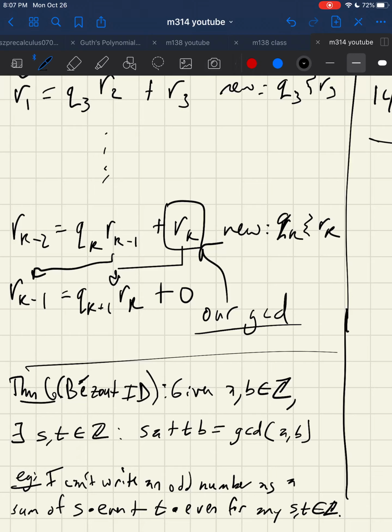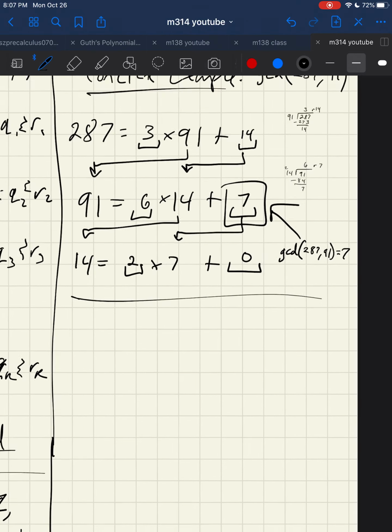So if I've got two numbers and I've computed their GCD, then there exists an integer linear combination, that is something that looks like this, sa plus tb. You're going to hear me call this an integer linear combination. There exists an integer linear combination that gives me their GCD.